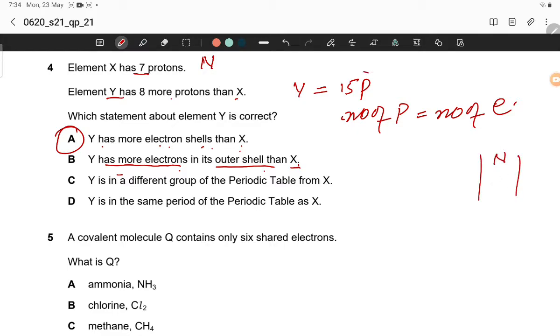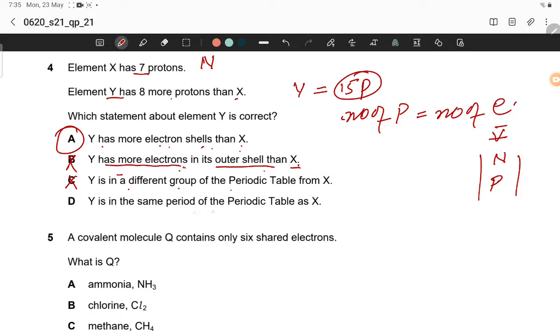And with 15 protons, this is phosphorus. Both are in the same group, so they have the same number of electrons in the valence shell. So this is incorrect. Y is in a different group of the periodic table from X? This is incorrect because Y and X are in the same group.